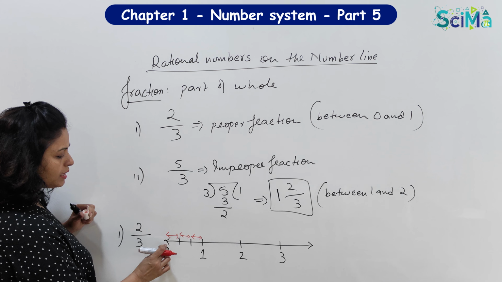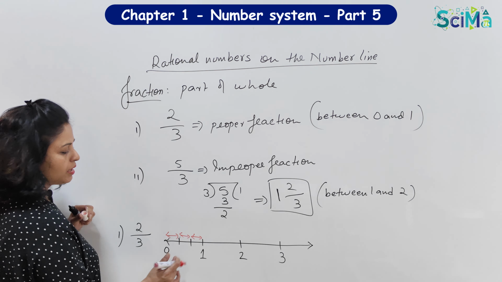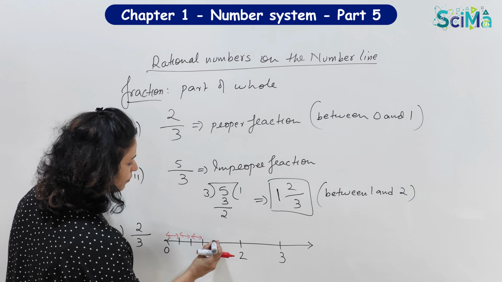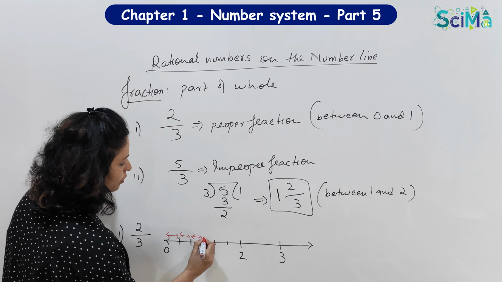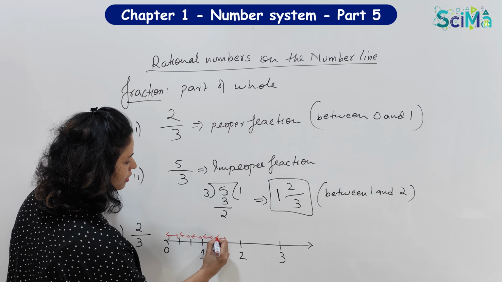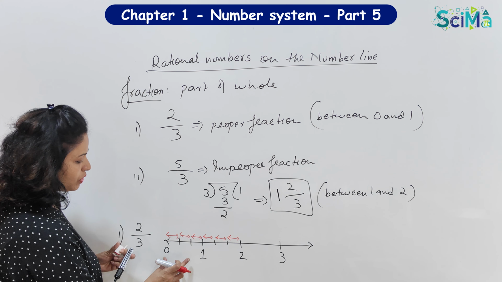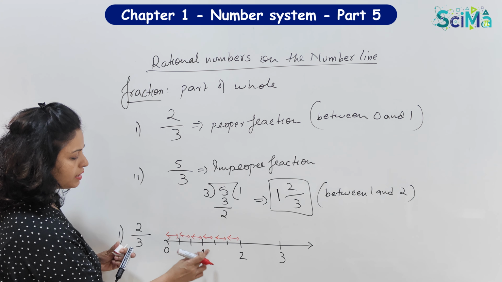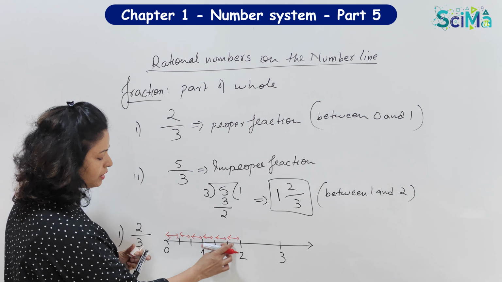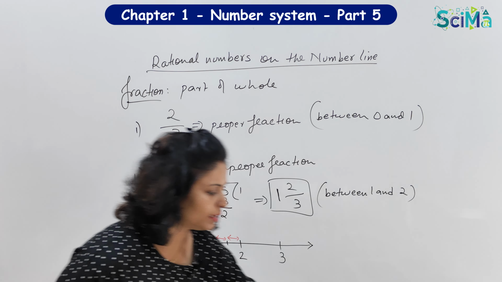So I have divided between 0 and 1 into 3 parts. Similarly, here also I can do, first part, second part, third part. So 0 to 1 divide into 3 parts, 1 to 2 divide into 3 parts, because it is out of 3.